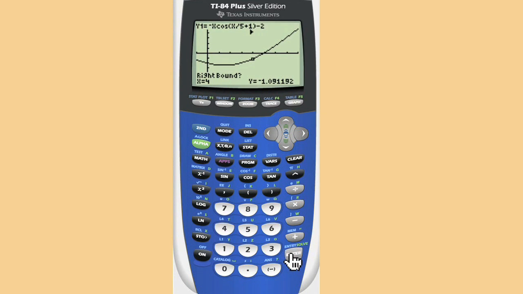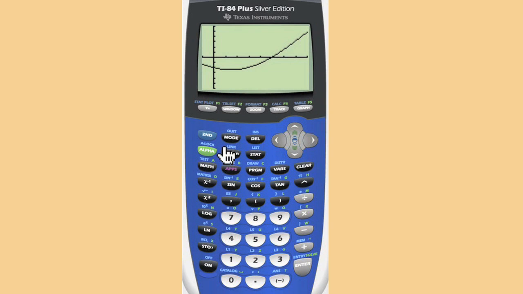Where it says right bound, choose a number just to the right of the x-intercept, like 6. And when it asks for guess, just refuse to guess and hit enter again, and it will display the x-intercept. In this case, the answer would be 4.939, because the AP exam is looking for all numbers rounded to 3 places. Phil, that looks like a number we need to save.